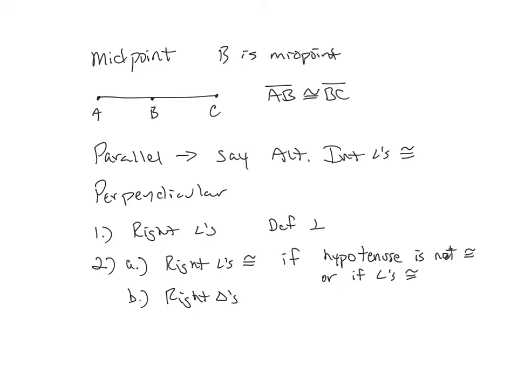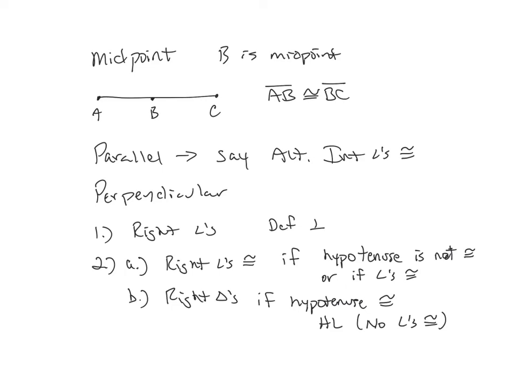And if you're using right triangles, typically the hypotenuse is going to be congruent. But that means you're going to be using HL for a reason at the end. And if you're using HL, you won't have any angles congruent in the problem. Okay?